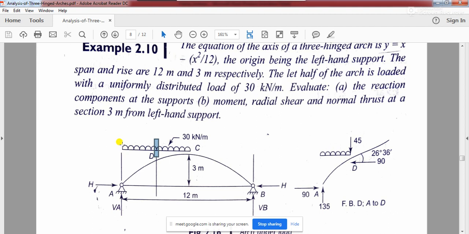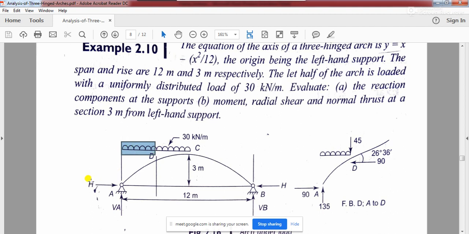So this 3 meter distance load, which has 30 kilonewton per meter intensity, will create moment about this D. So you know this distance is 3 meter.